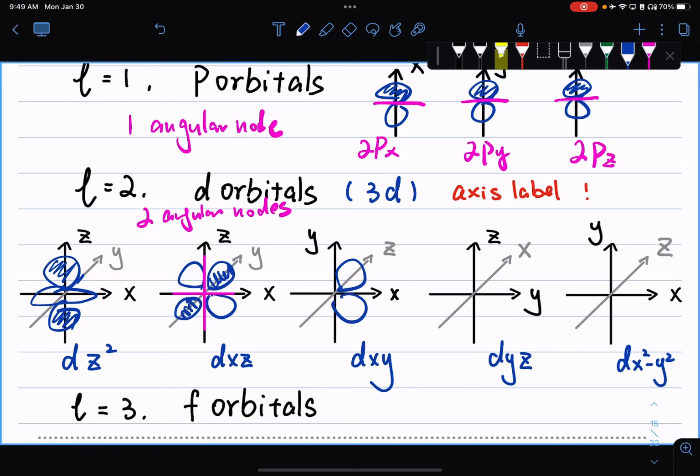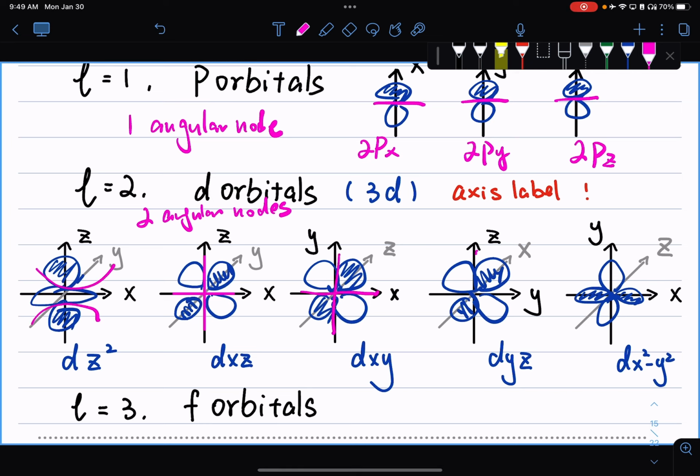Likewise xy, yz, and then x squared minus y squared. You need to know how to draw these angular nodes in your d atomic orbitals. Take-home message when drawing these atomic orbitals: whenever you have a node, you change the phase of your atomic orbital, so you change the shading of your drawing.